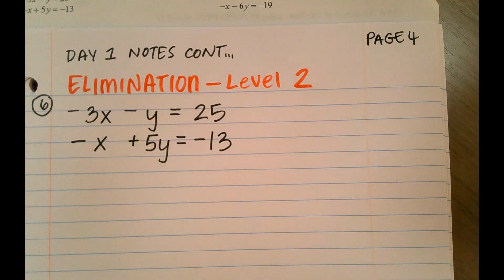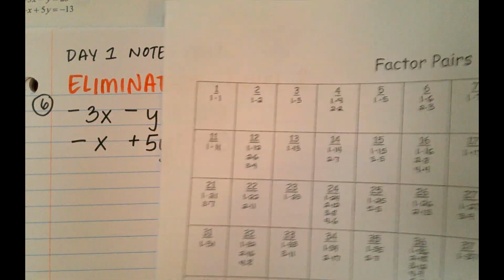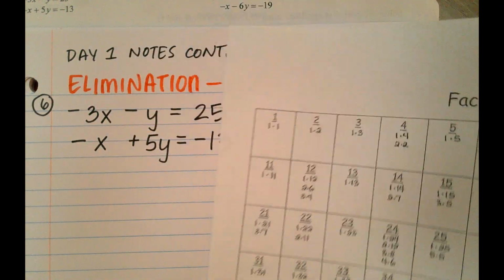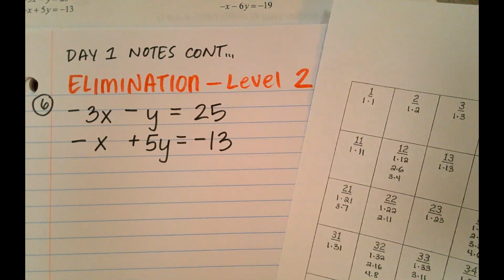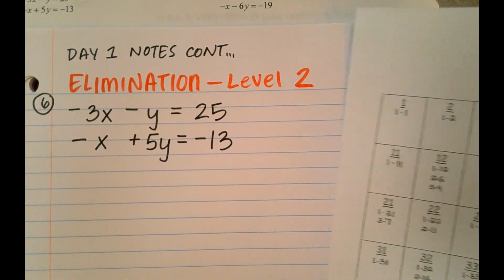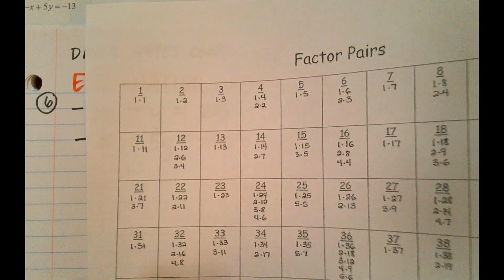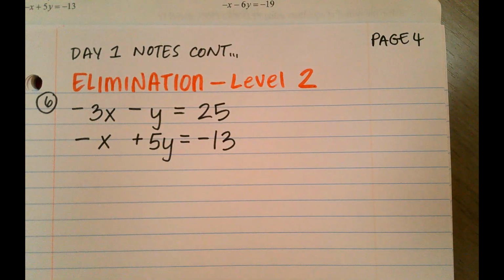This is where this little paper here that says factor pairs, this can be helpful if you're not excellent at mental math, if you don't know your multiplication facts. If you do, this isn't going to be super tricky for you. However, if not, this page helps. So basically what I need to do is think, what could I multiply one whole equation by so that when I do add them together, I do cancel out one of my x's or my y's.